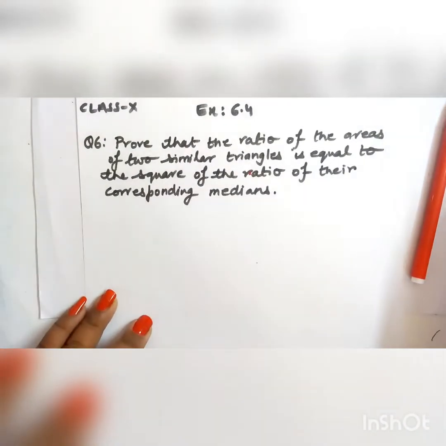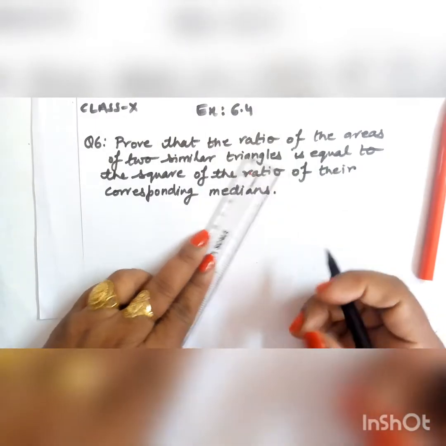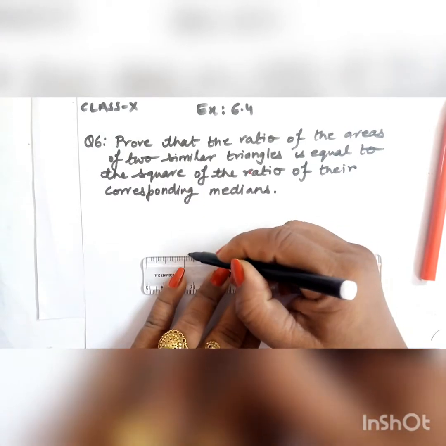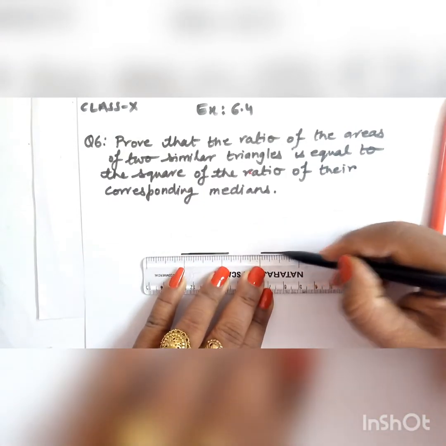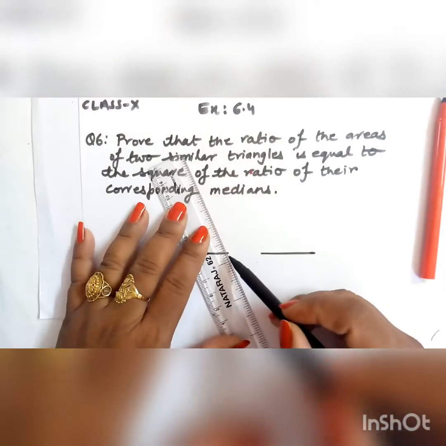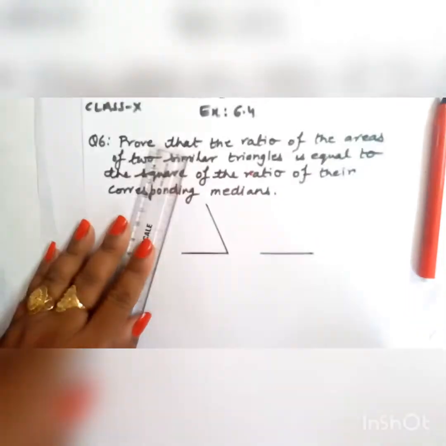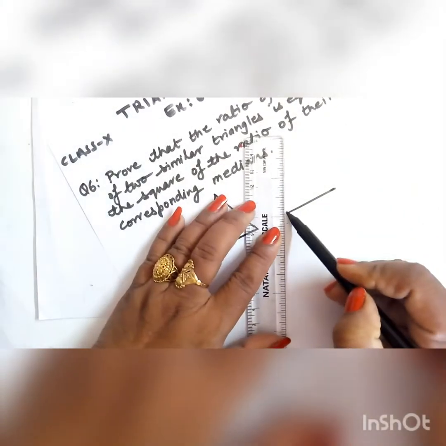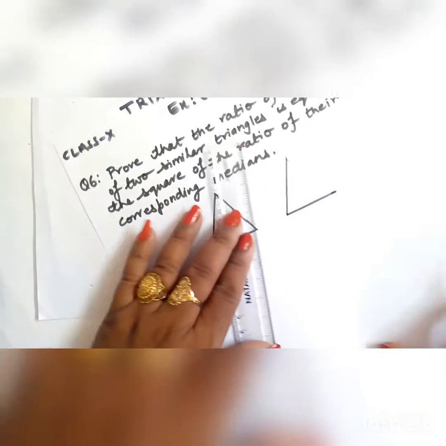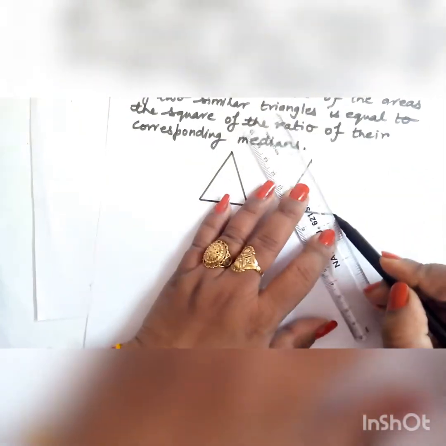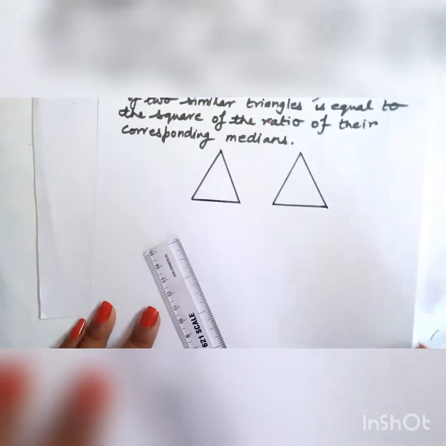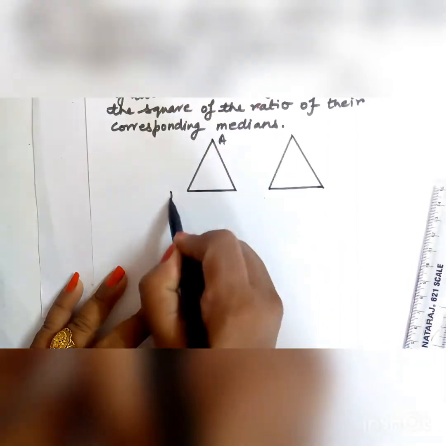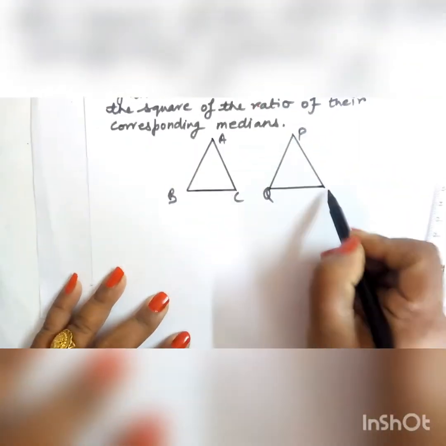First of all, we will draw two triangles, ABC and PQR.